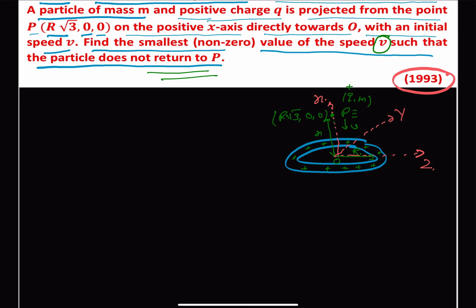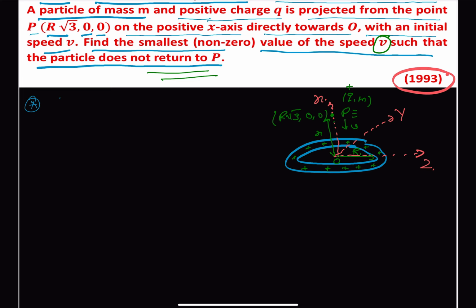So we start with our potential at center O. For that, let us first find the total charge in the ring, because we are given that the charge density is equal to lambda.